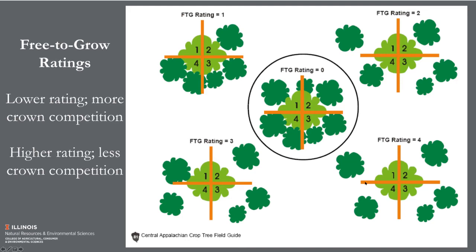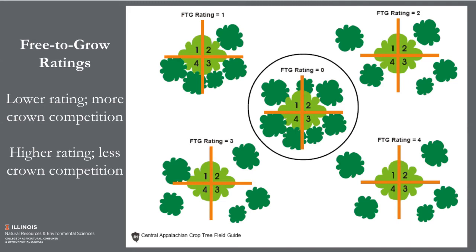And then in the lower right corner is a free to grow rating of 4. So for this identified crop tree, we look at the crown and we evaluate its nearest neighbors. Basically, for all the nearest neighbors, there's adequate growing space or room between the crowns of those nearest neighbors and our crop tree.